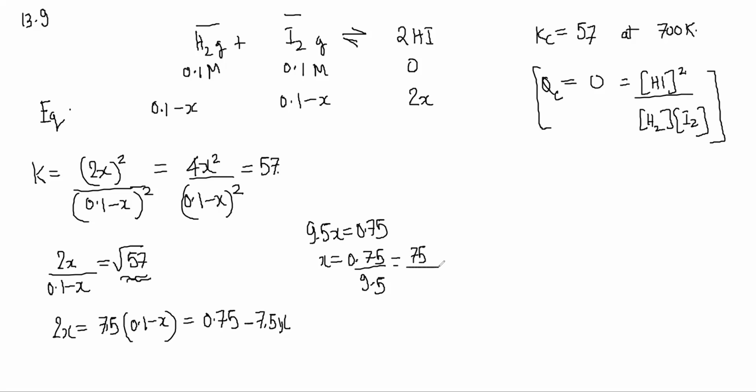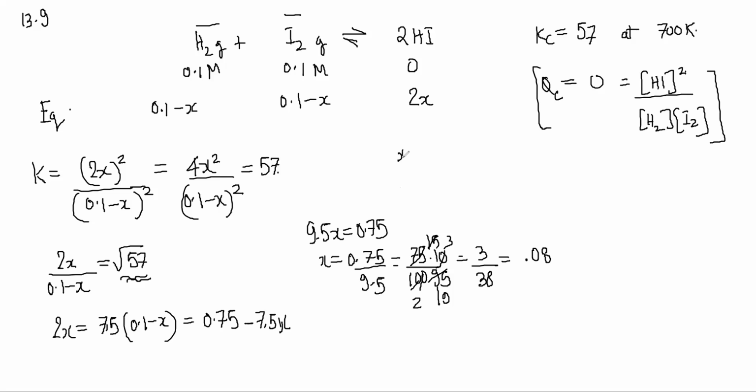So 75 by 100, 95 by 10, and 15 by 19, and 3 by 38, right? So this becomes 0.078, almost 0.08.